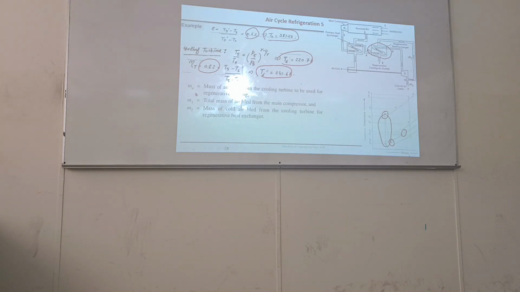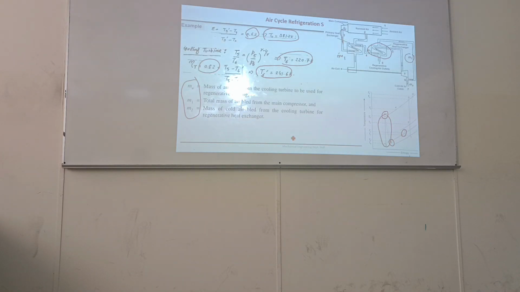Now all the temperatures are known. Now those mass flow rates which we want to calculate. So it is clear what is m dot A, the air going to the cabin. M dot 2 going towards the heat exchanger from the turbine. M dot 1 is the air coming from the main jet engine compressor. Those are explained here.